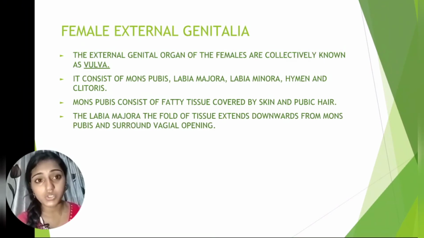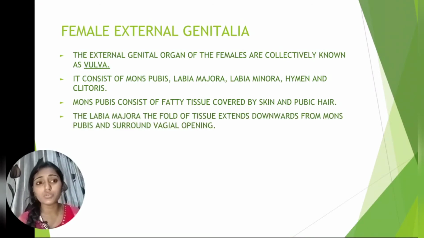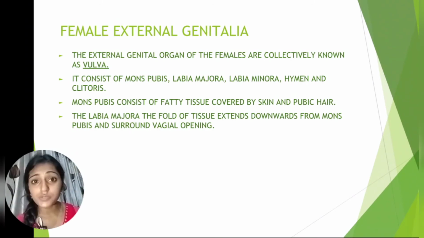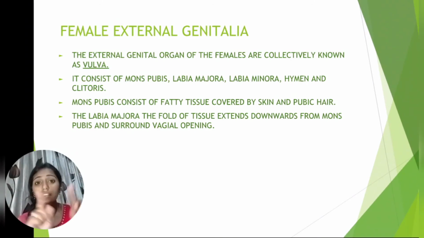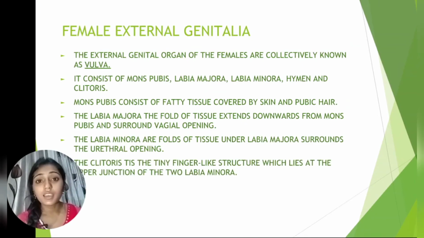The labia majora are the folds of tissue that extend downwards from the mons pubis and surround the vaginal opening. The labia minora are the folds of tissue under the labia majora and surround the urethral opening. The clitoris is the tiny finger-like structure which lies at the junction of the two labia minora and the majora.